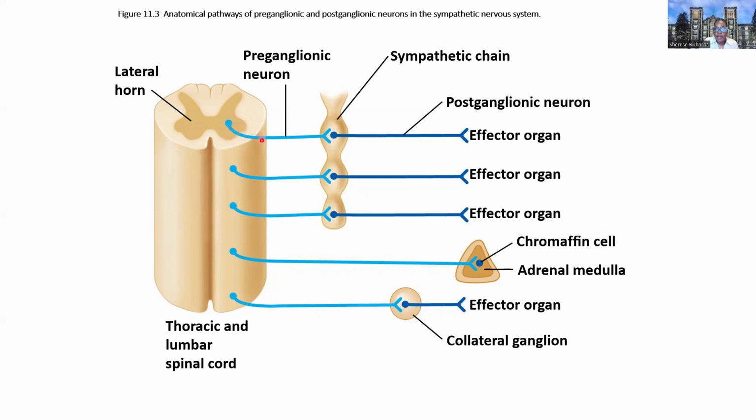So they arise here, travel out, one of the three options, sympathetic chain, then to the effector organ. Second option, a collateral ganglia, not a part of the sympathetic chain, then to the effector organ. Third option, the adrenal medulla chromaffin cells, and then hormones are released into the blood here instead of another neuron synapsing.